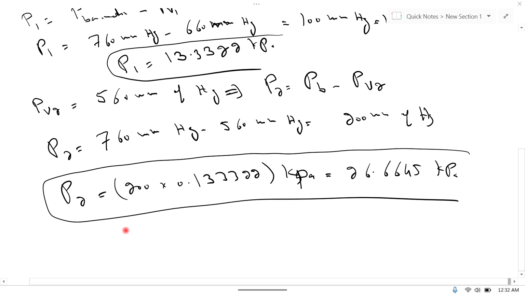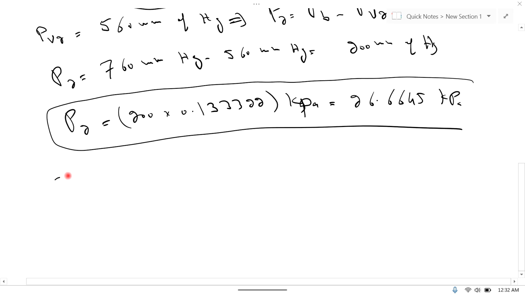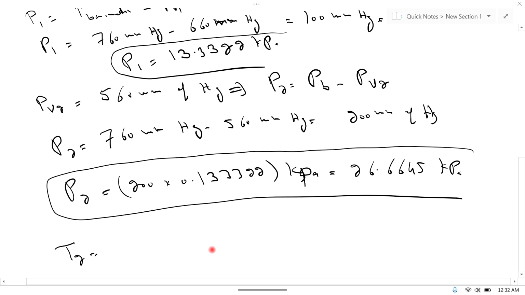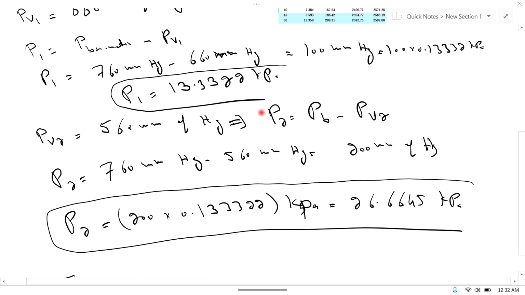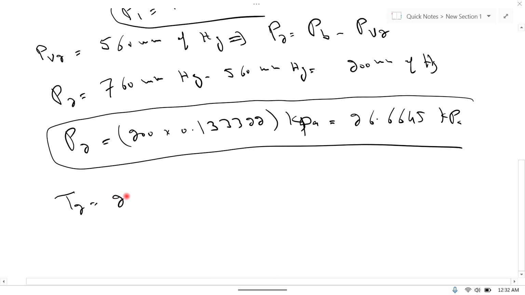This is P2, and this pressure is at temperature T2, which is 26.7 degrees centigrade, which is equal to 26.7 plus 273 Kelvin, which is equal to 299.7 Kelvin.